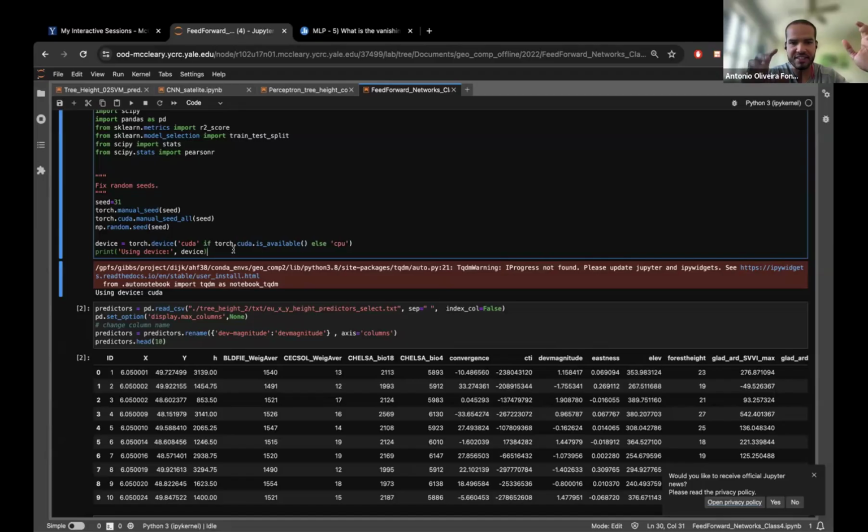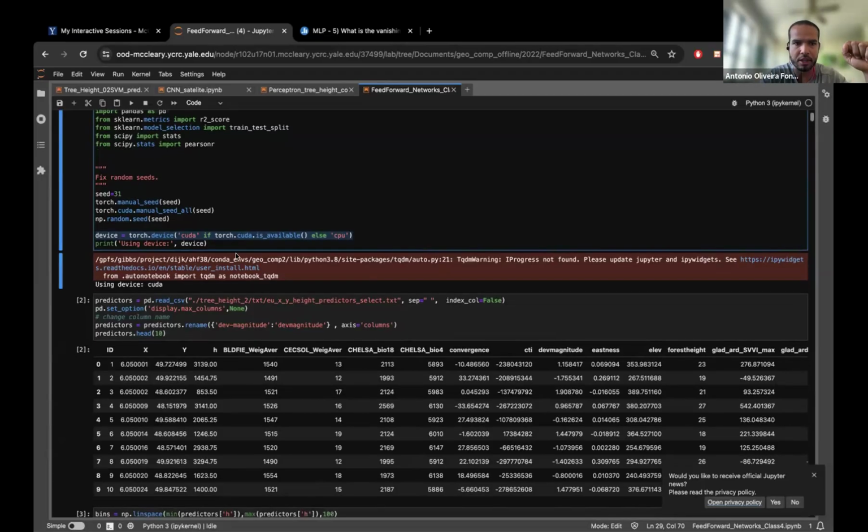The way you can assign CPU processing versus GPU processing is as simple as saying what's the device on which you would like a computation to be performed. How we switch back and forth between GPU and CPU is something I'm going to show you in the training script down below.